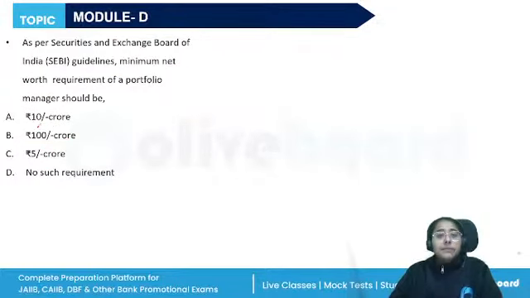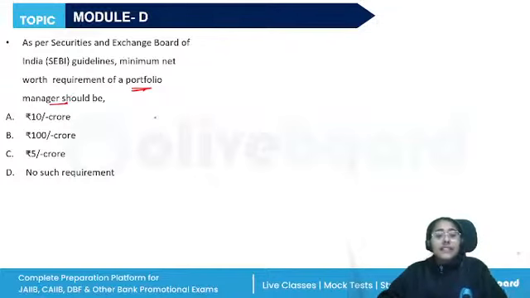Next. As per SEBI guidelines, what is the minimum net worth requirement of a portfolio manager? When any entity wants to start a portfolio management service, they should have the minimum net worth.